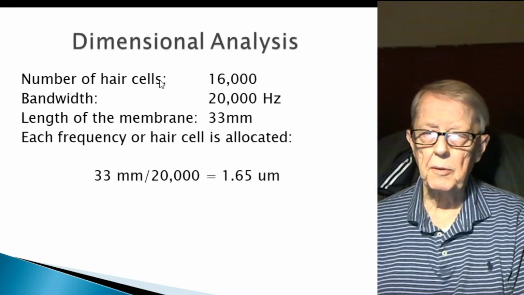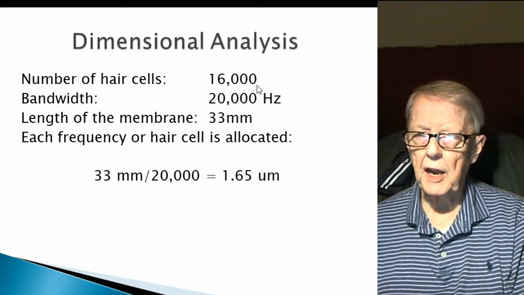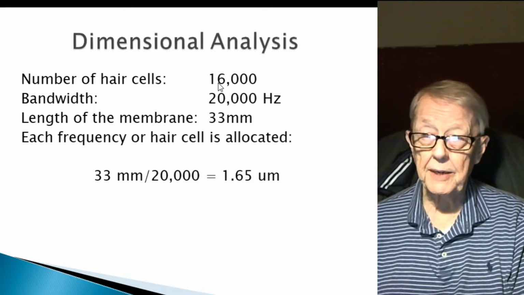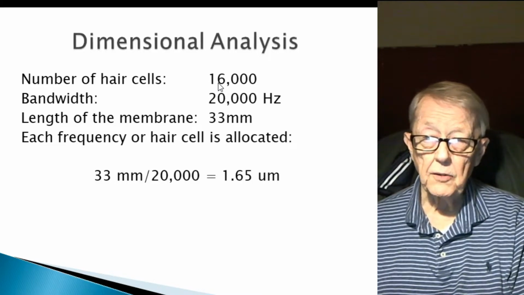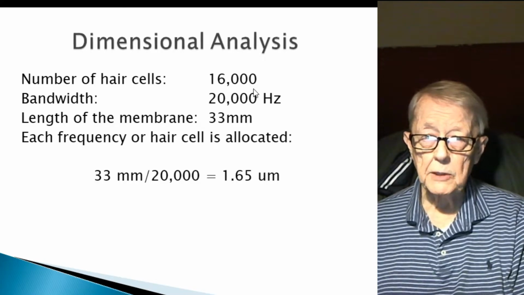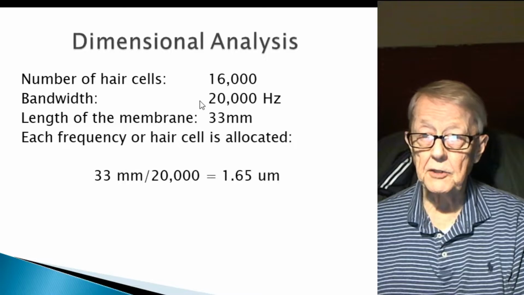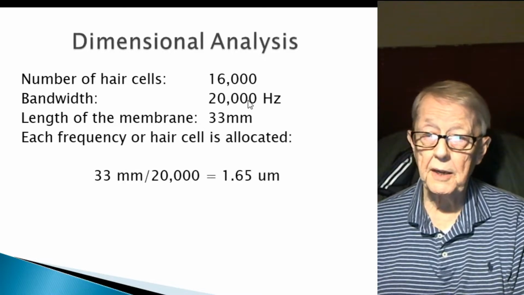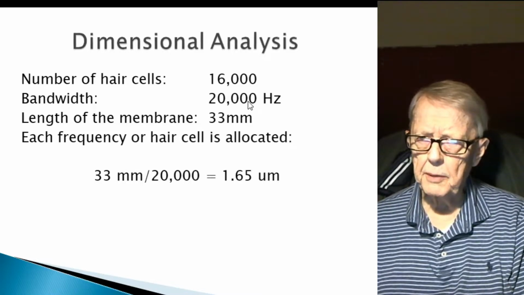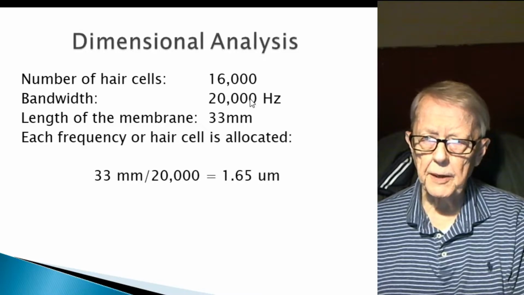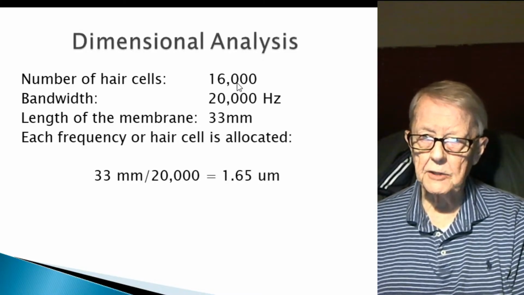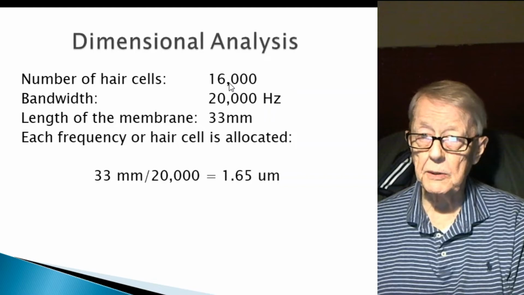There's a lot more than that. This is not that many, and yet we can hear all these frequencies. What I found interesting is that the 16,000 hair cells match very well with the 20,000 hertz bandwidth, almost like each hair cell was 1 hertz of frequency.